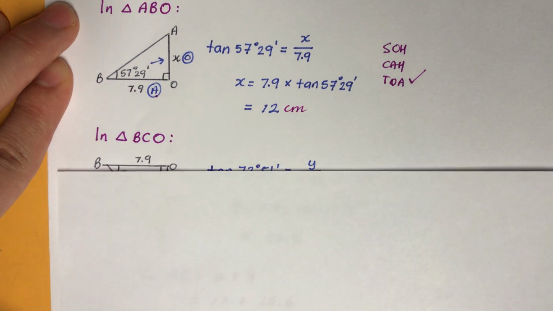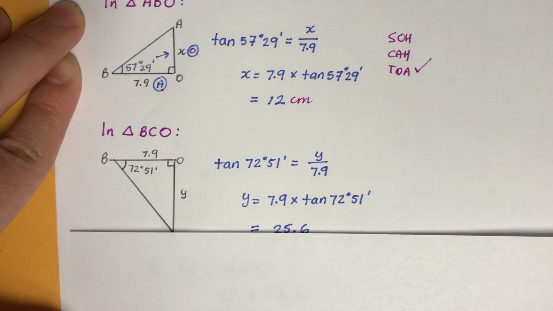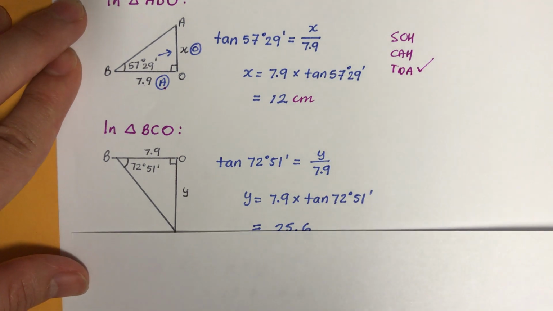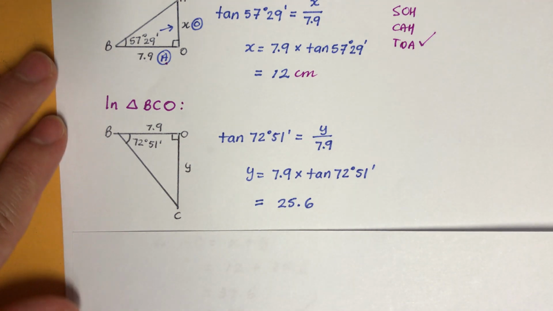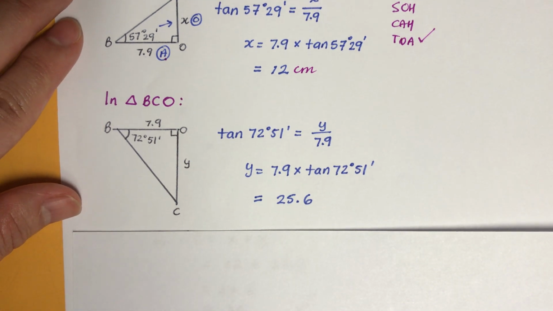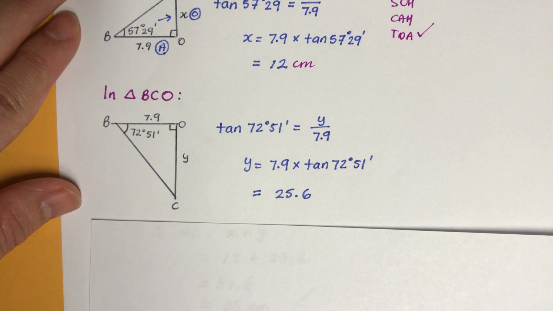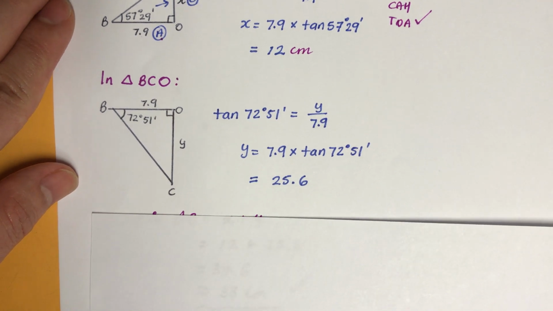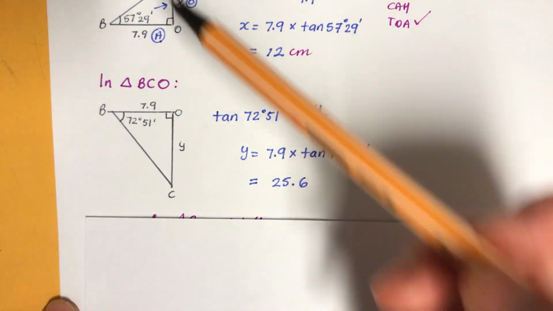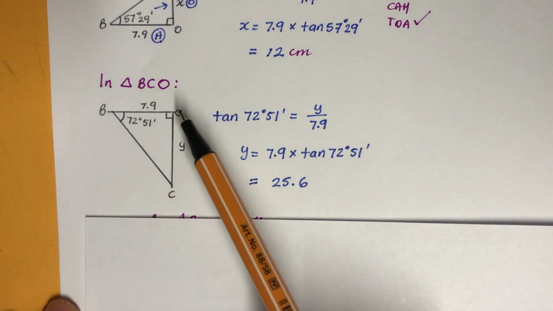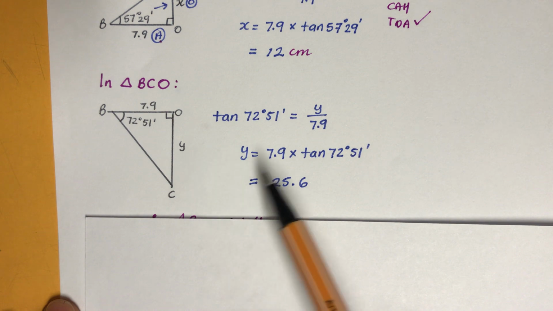And we're looking for Y now. Because to find the AC, you need to add the X and Y. So we haven't really quite finished the question yet. We're halfway there. So I'm looking at the other half triangle, and I'll just re-sketch this again.